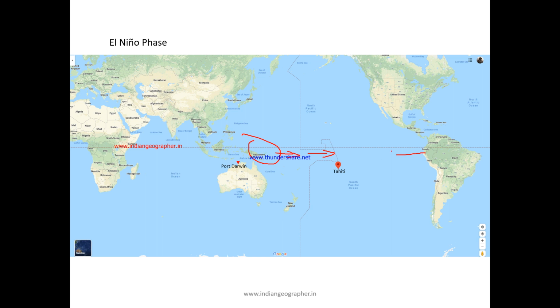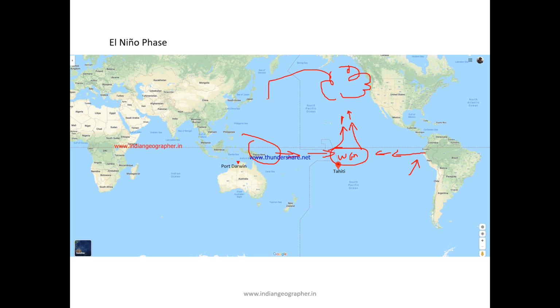So the temperature conditions change, the upwelling nearly stops, so there is no upwelling along the coast, and it results in a shifting of this warm area into the Central Pacific initially. The warm area is here, and the circulation entirely breaks up. You'll find weak trade winds, convection happening in the Central Pacific, and a huge amount of rainfall occurring here.